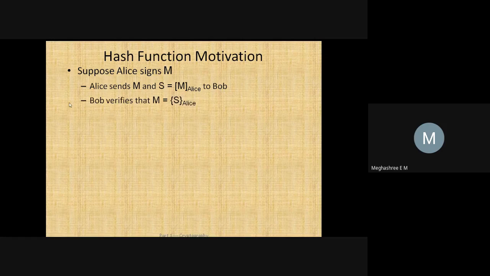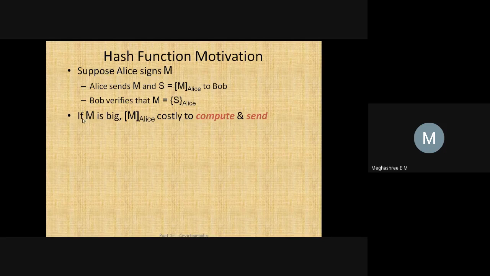Bob will verify the received message. He will receive it and think that the message was sent by Alice, but there is no proper method to verify it.